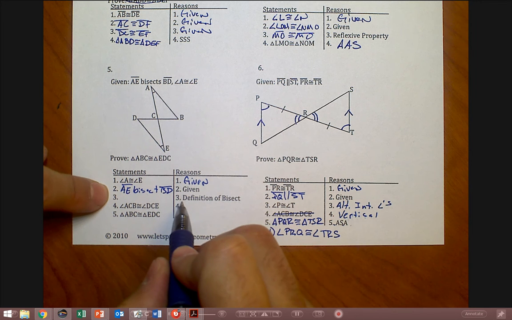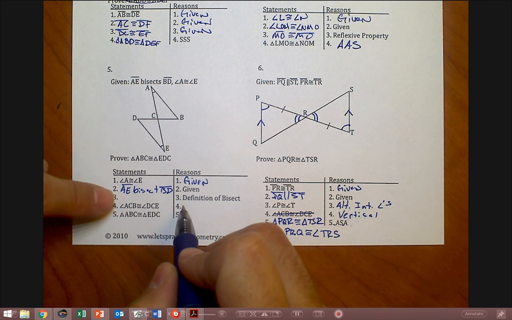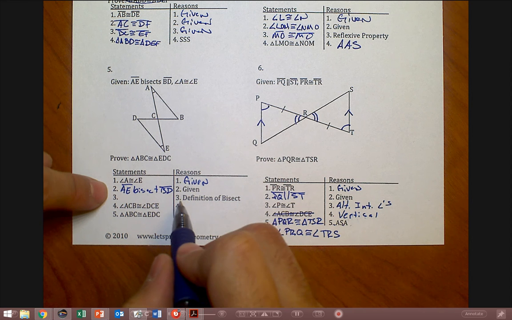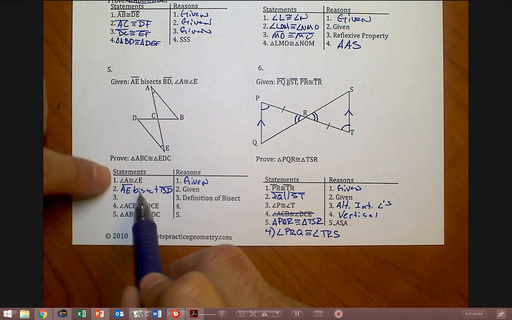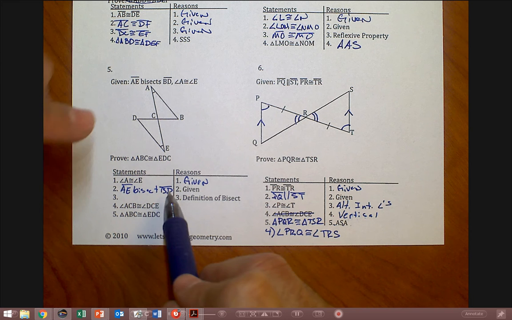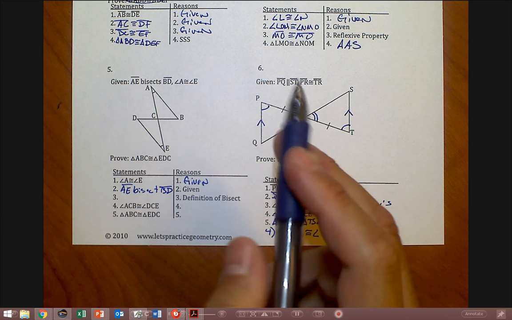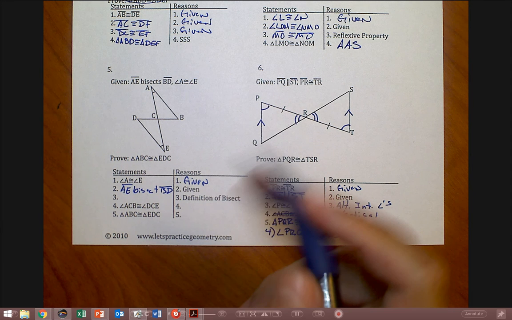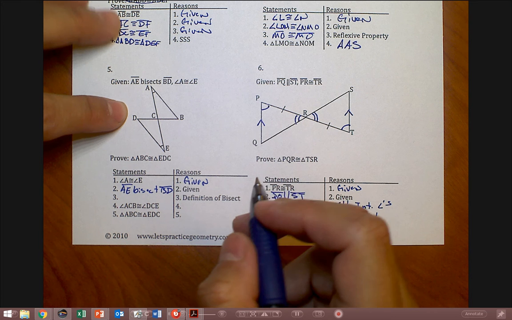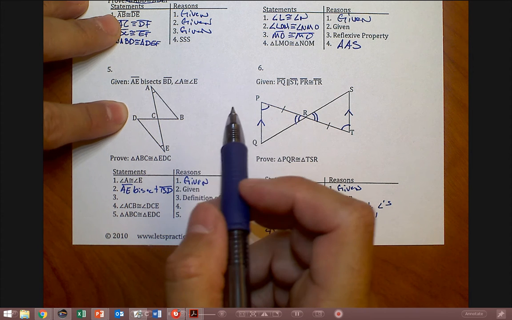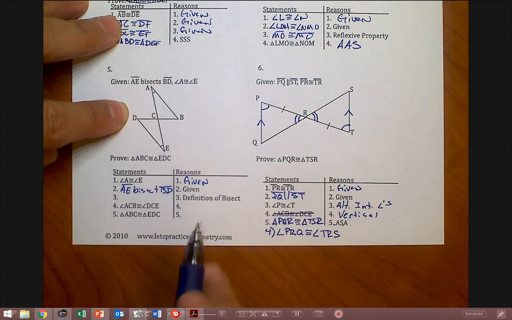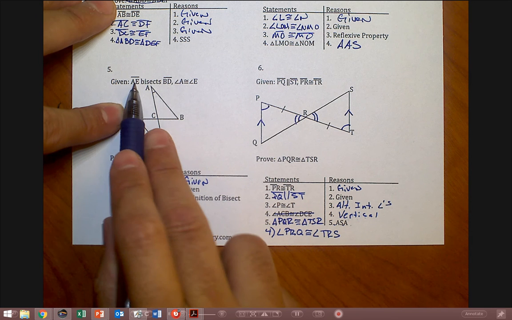Okay, for 3. Now, 3, it says definition of bisect. So I have to go back to this. AE bisects BD. So that means that BD is being cut. So statement 3 says right here, AE bisects BD.